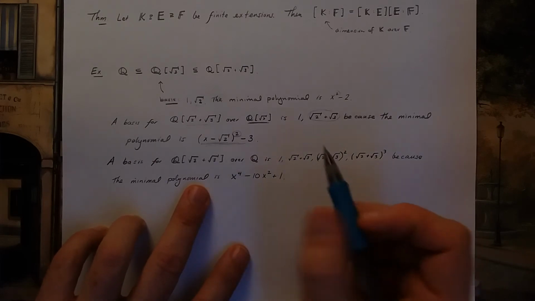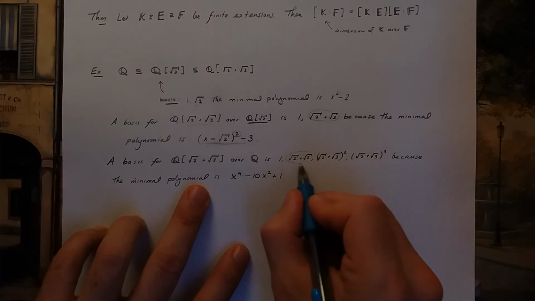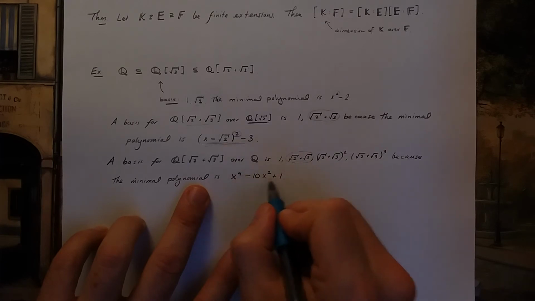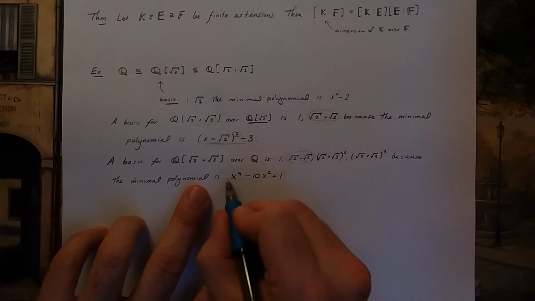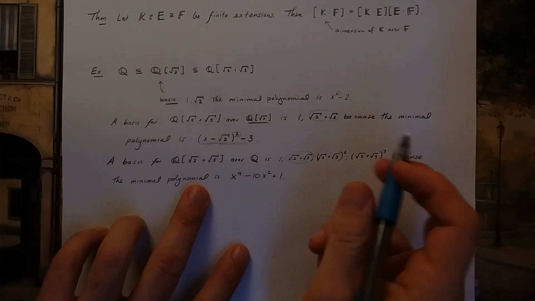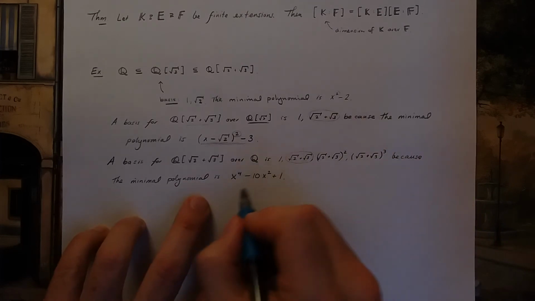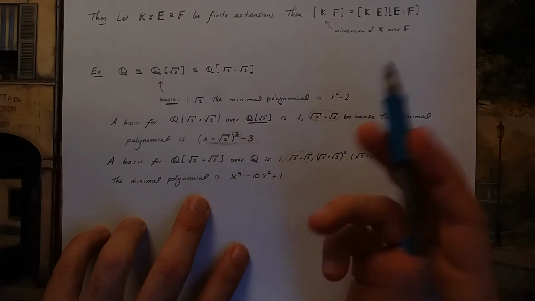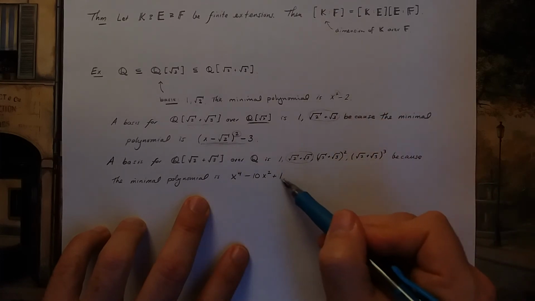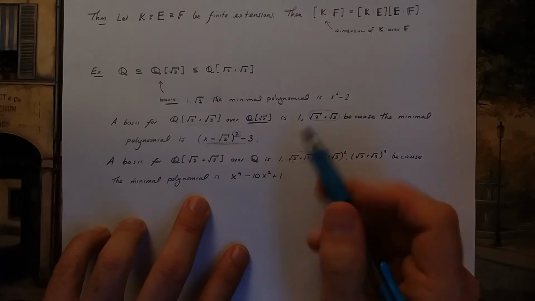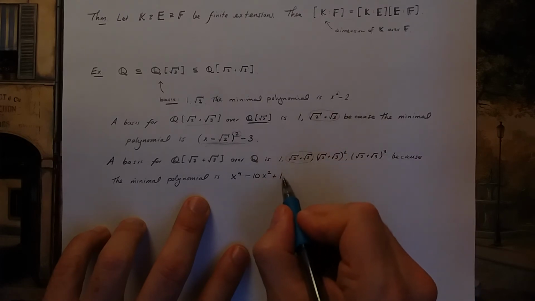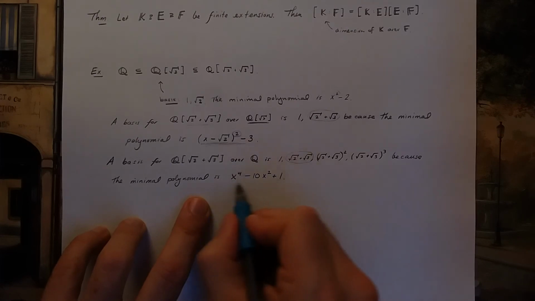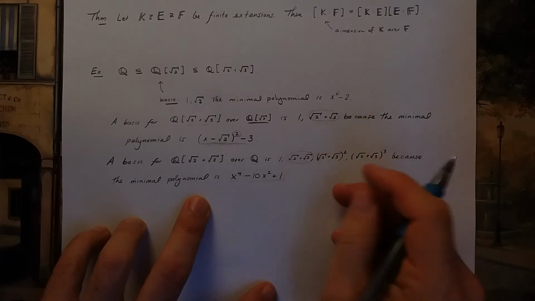You could verify, but if you plug in this element into x, you get out 0, and this polynomial has rational coefficients. Furthermore, this is an irreducible polynomial. At the very least, you could see that it has no roots over Q, because the rational root theorem says such a root would either have to be plus or minus 1, and neither one is valid when you plug in plus or minus 1 into the polynomial.